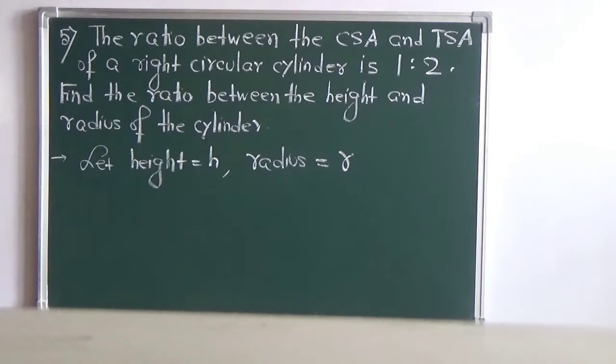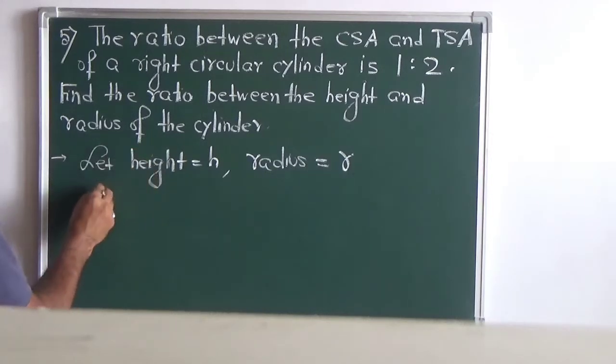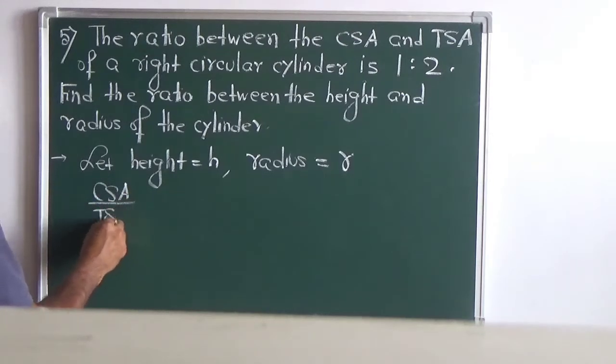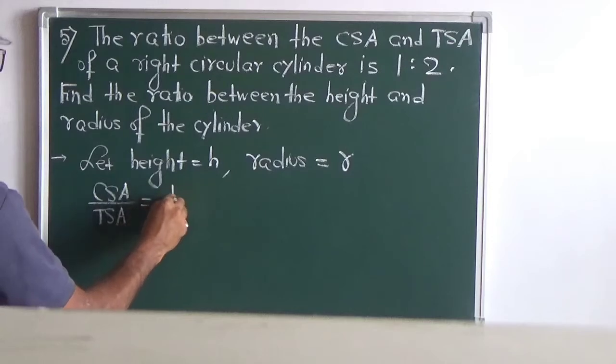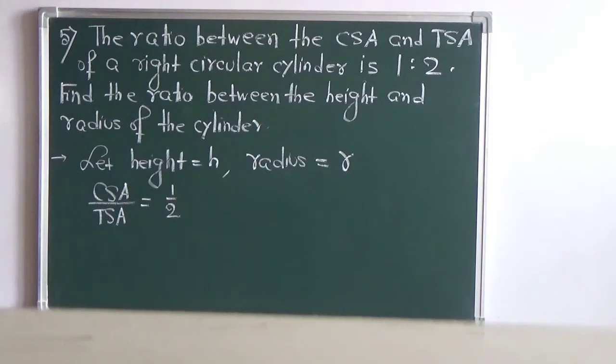Now we are given the ratio between the curved surface area and the total surface area. So you can write curved surface area by the total surface area, and that is given as 1:2, that is 1/2.